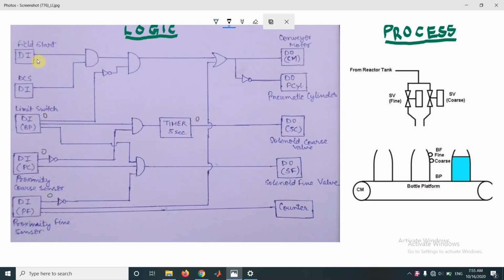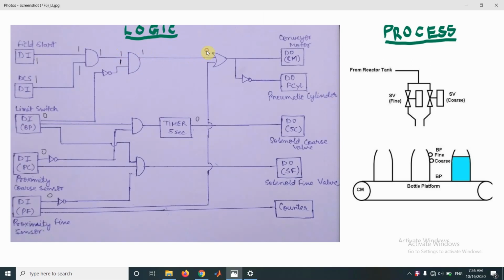So now to start the process, input from the field operator as well as from the control room through DCS would be 1. Due to this, these two inputs for the AND gate would also be 1. Since the limit switch input is 0, due to this NOT gate, this input would be 1 and this input would also be 1, and this AND gate would be logically on.